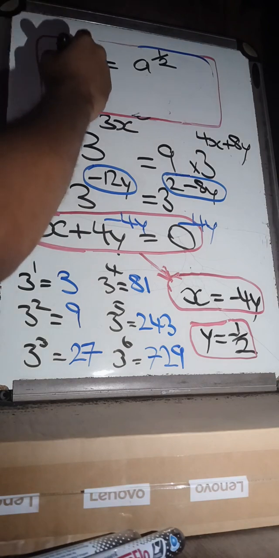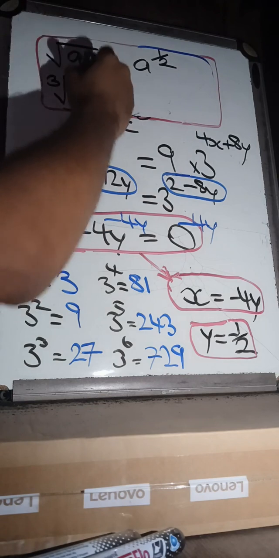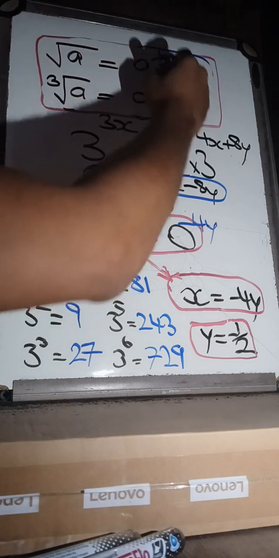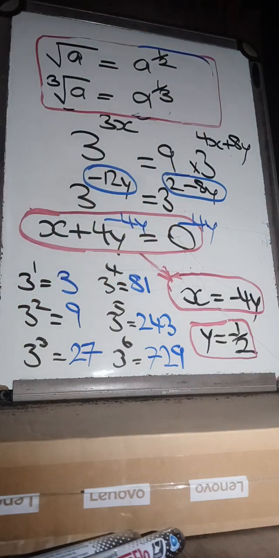The cube root of a is the same as a raised to the 1 over 3.